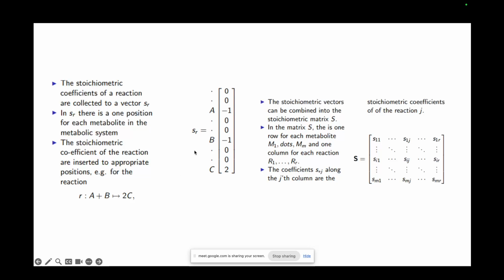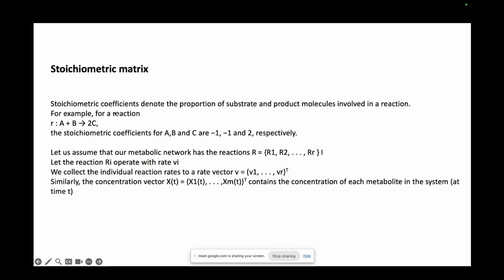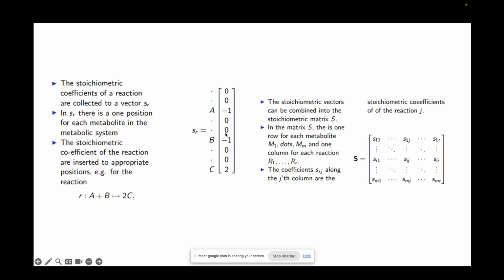Now, what is the stoichiometric matrix? The stoichiometric coefficients of a reaction are collected in the vector Sr. Actually, the stoichiometric vector is not defined here; this is the stoichiometric vector.